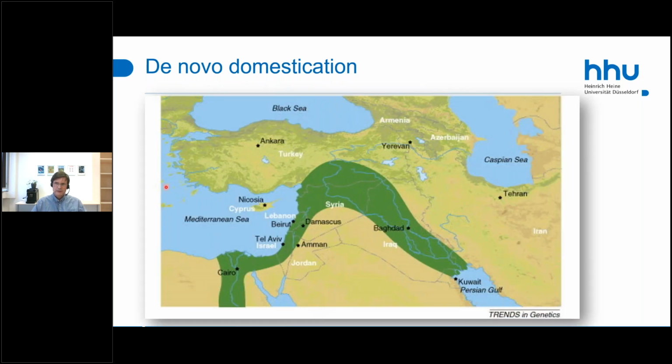And the domestication of barley took place in the so-called Fertile Crescent, which is given here in green, covering those countries: Jordan, Syria, Armenia, Iran, Iraq. So in this area, the domestication of barley took place.